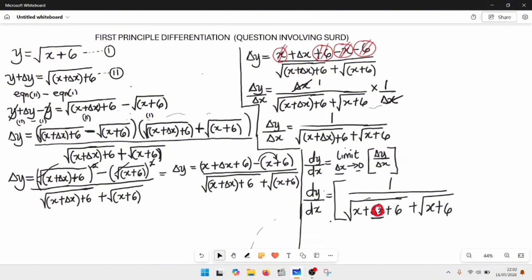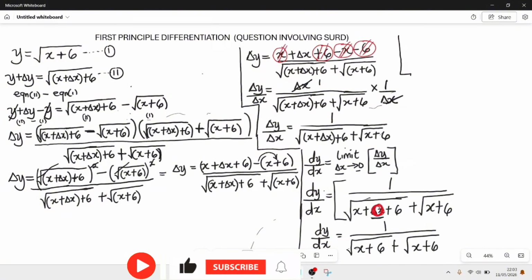Our final answer from here will now be dy over dx, which is equal to 1 over the square root of x plus 6 plus the square root of x plus 6. And if we do that, what do we have? Let's put our answer here. Sorry. Yep. It's a bit bent, it's not excellent, but we'll manage.